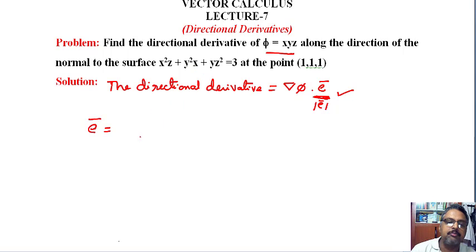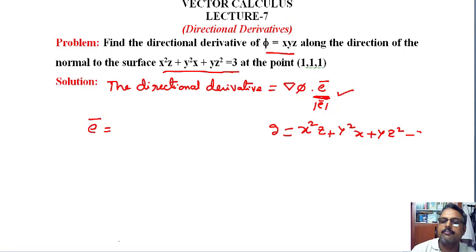Suppose you assume G equals x square z plus y square x plus y z square minus 3.